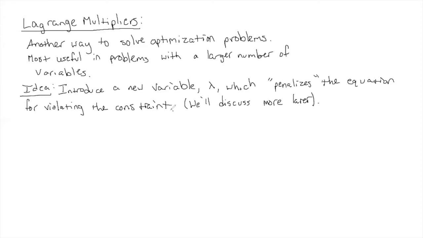But first, let's just deal with actually computing these things. So we introduce this new variable lambda. And then we construct a new function called the Lagrangian.